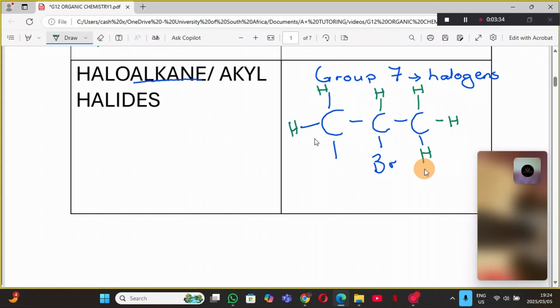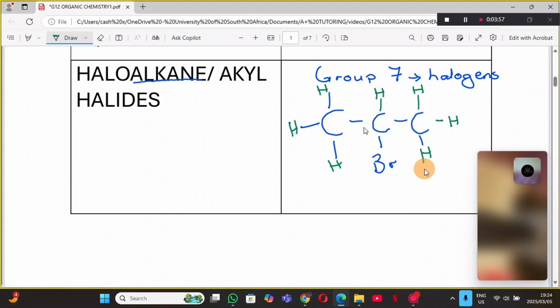So a tip on how to do it, if they are to ask you for the functional group formula, the formula with the n's, right? If they ask you for the formula for the haloalkanes, draw a haloalkane like this and then count.